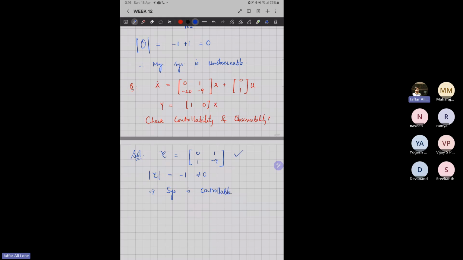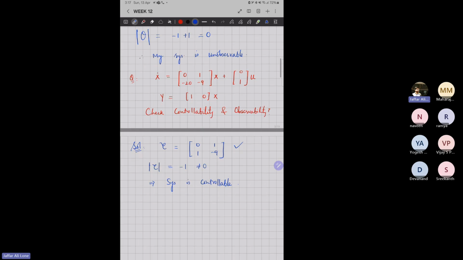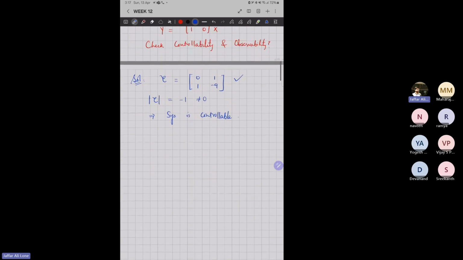Everybody got this CA matrix, mathcal C matrix. Yeah, it's both controllable as well as observable. So I'm leaving it as homework. So similarly, you'll get the system is observable. It's not difficult. It's an easy way to do it.